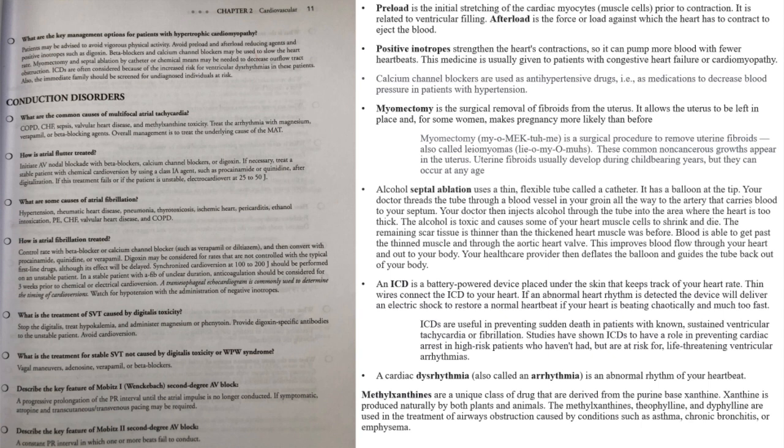Okay, conduction disorders. What are the common causes of multifocal atrial tachycardia, aka MAT? Multifocal atrial tachycardia is an arrhythmia caused by multiple sites of competing atrial activity, characterized by an irregular atrial rate of greater than 100 beats per minute.